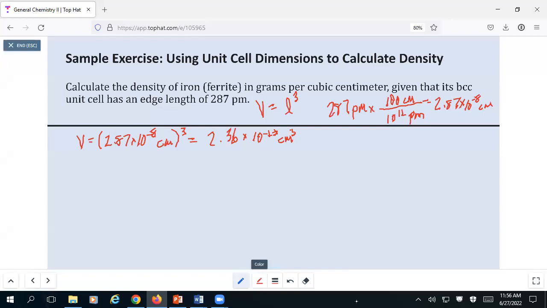Now to find the mass, this time we have to recognize that we're talking about a body-centered cubic. So this one only has 2 atoms per unit cell, not 4. So our conversion is going to start with 2 atoms of iron.